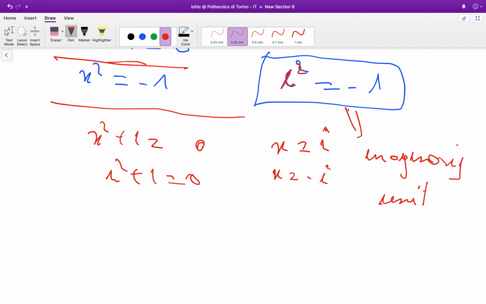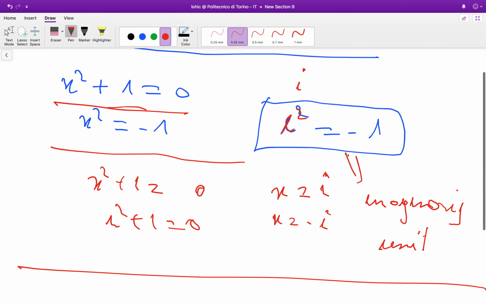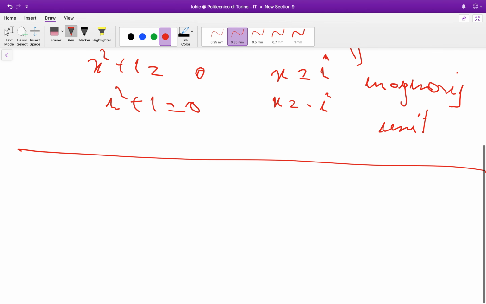Then, from this number, people understood that maybe it could be interesting to combine it with real numbers, to create new numbers that have a real part and an imaginary part, and they defined the so-called complex number. So what is a complex number?